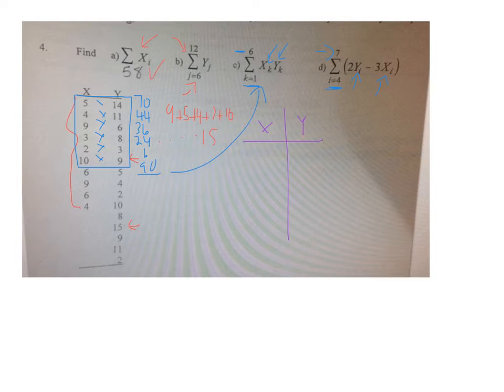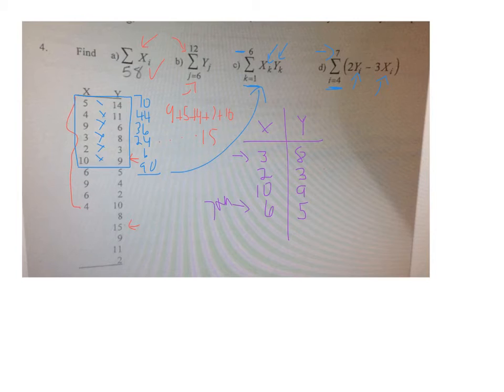Starting at the 4th row would be 3, and then 2, and then 10. So 4, 5, 6, 7. So we start at the 4th term and go to the 7th term. The corresponding numbers for y there are 8, and then 3, 9, and 5.